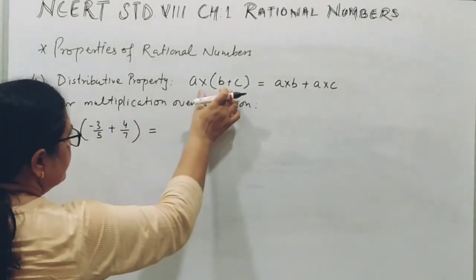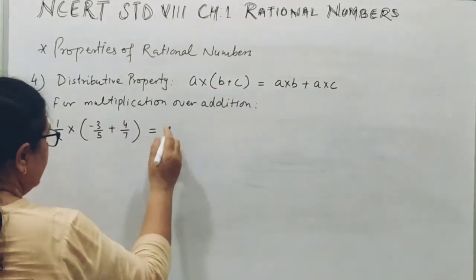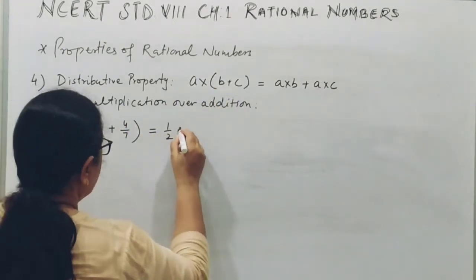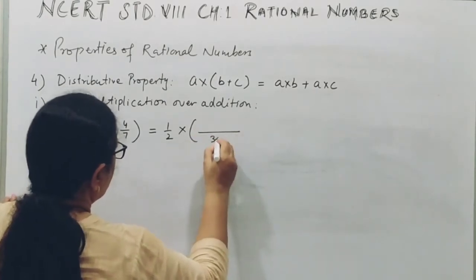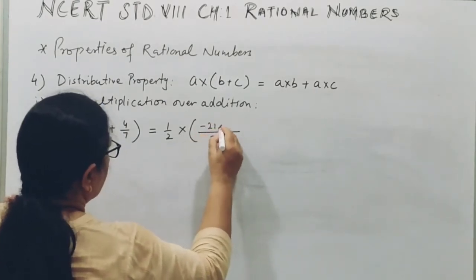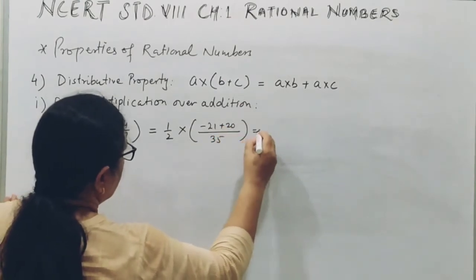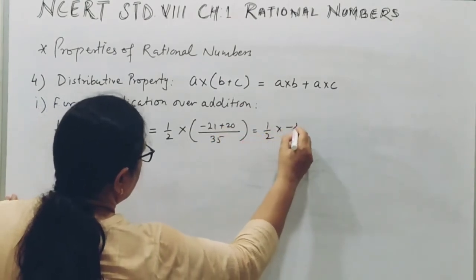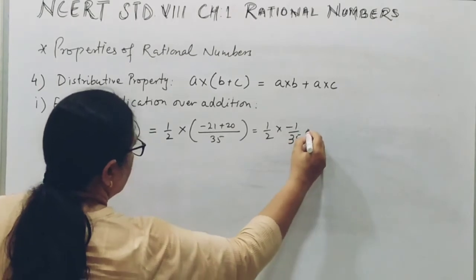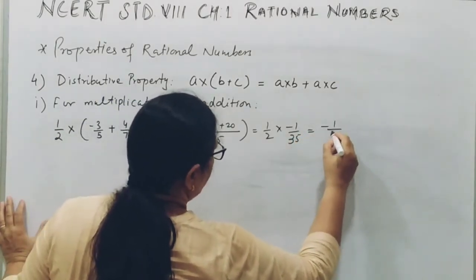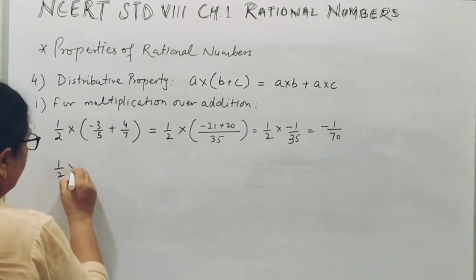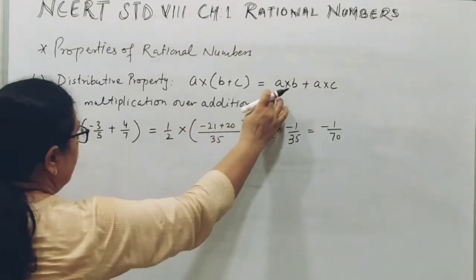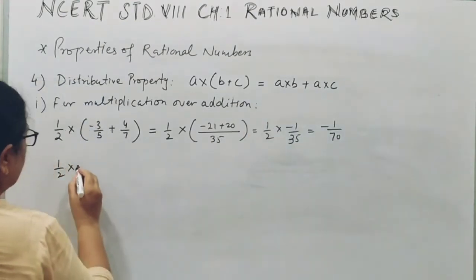That is, this left hand side we are simplifying first. So we get here minus 1 upon 70. Now we will simplify right hand side, that is a into b plus a into c.